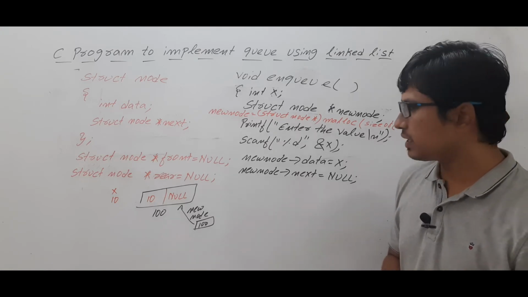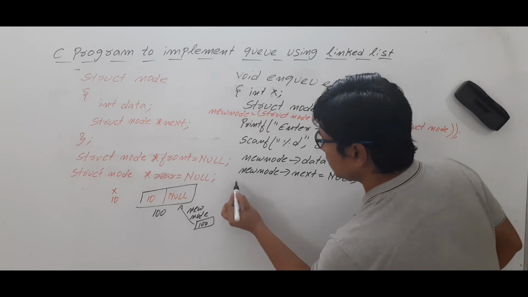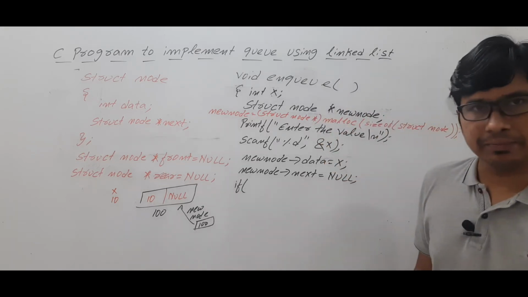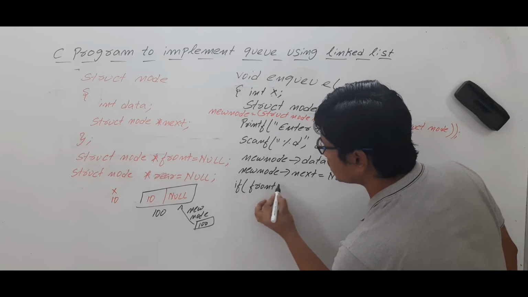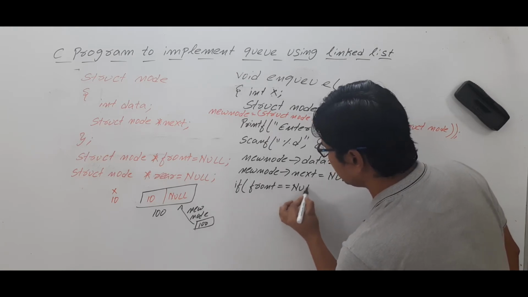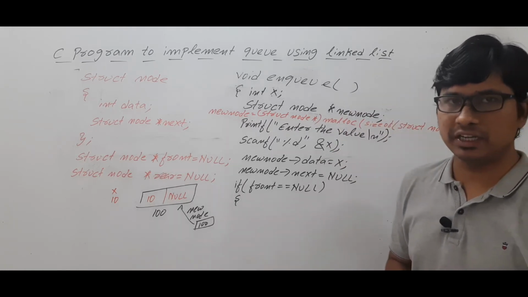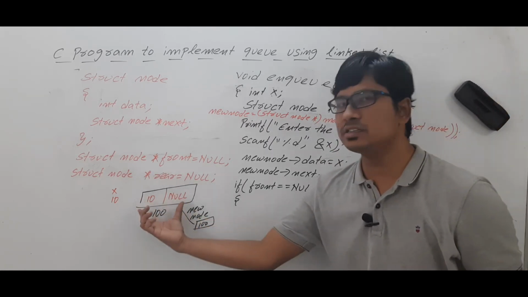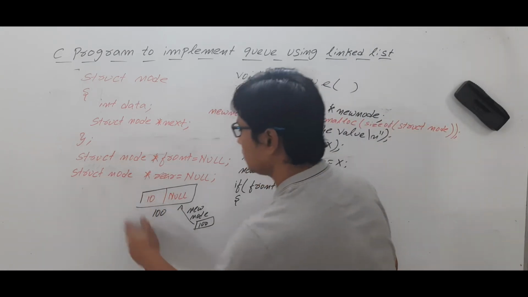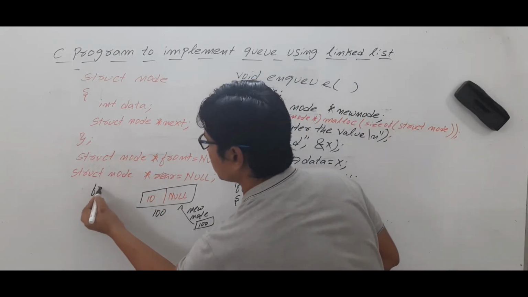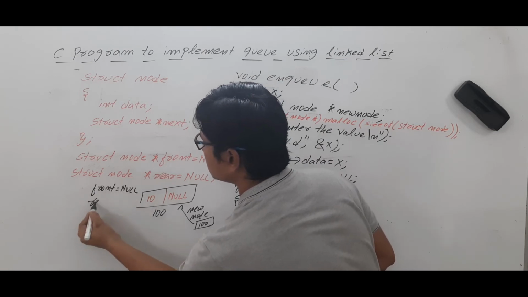How you can insert it? If the queue is empty, then if front is equal to null, then you can say that queue is empty. If queue is empty, then this is the first node which you are inserting. So let's assume that front is equal to null before inserting this one, and rear is equal to null.